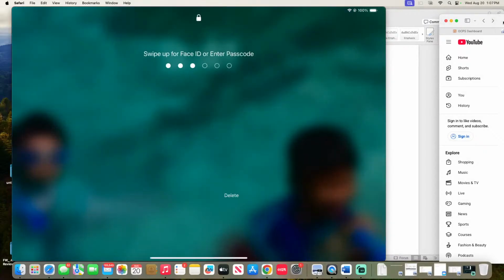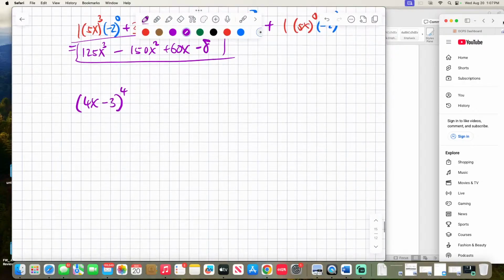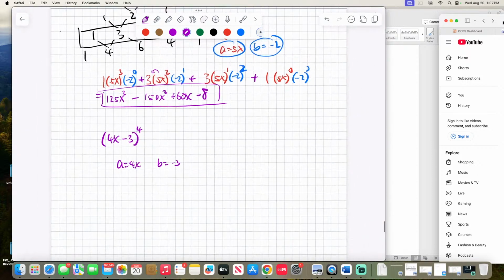All right, I'm gonna start going at it. So A is equal to 4x, B is equal to -3. So I'm gonna write down the coefficients 1, 4, 6, 4, 1. And I'm gonna start with the 4x to the fourth power, 4x to the third power, 4x to the second power, 4x.